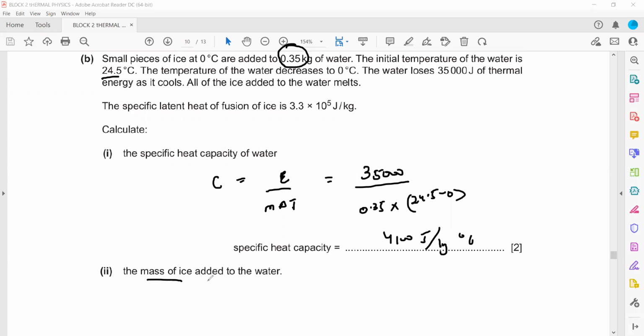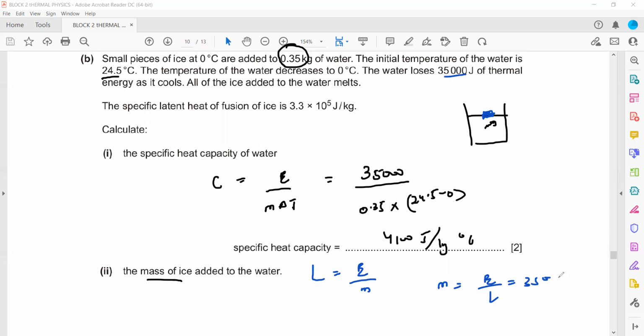Then we have to find the mass of the ice added. So what is our assumption here? That all of the energy which is lost by the water is absorbed by the ice. So 35,000 joules of energy lost by the water is all absorbed by the ice. And we have the formula latent heat equals energy divided by mass. So mass is energy divided by latent heat.